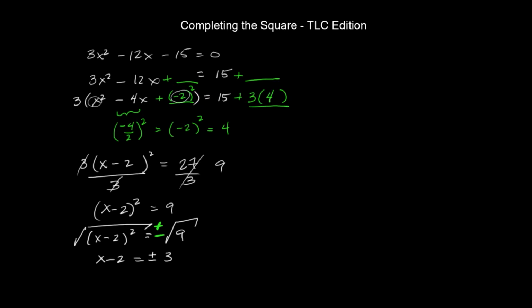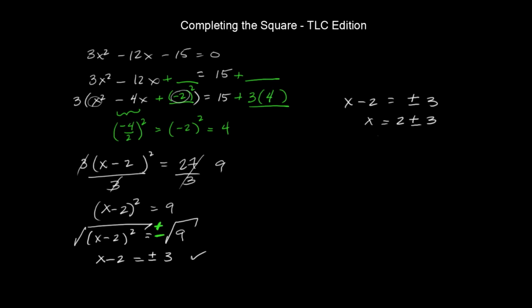Since I'm running out of space here, I'm going to continue the problem on the right side. I'm going to copy down this line right here. Okay. And now I have a negative 2. When I move it to the other side, it will be positive. And now we're almost done.